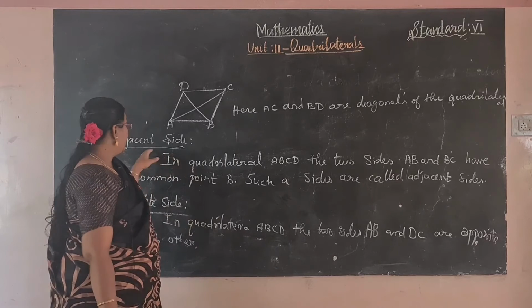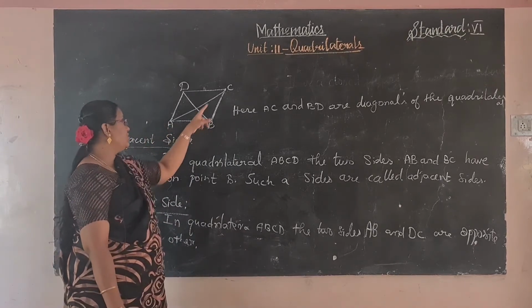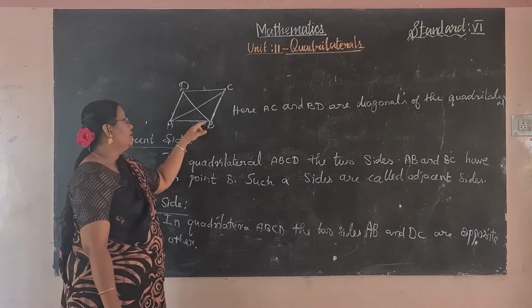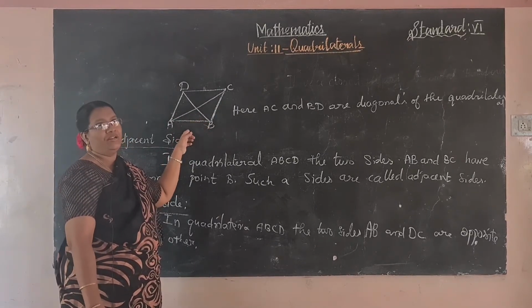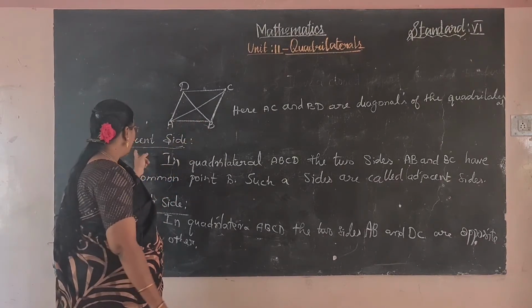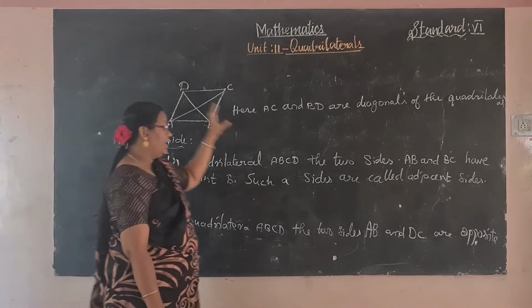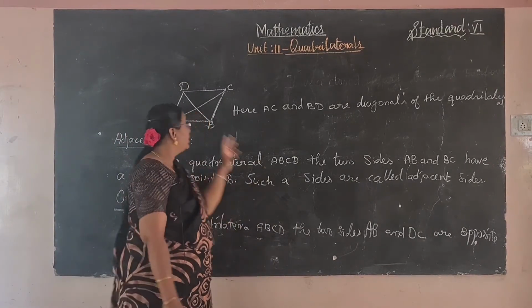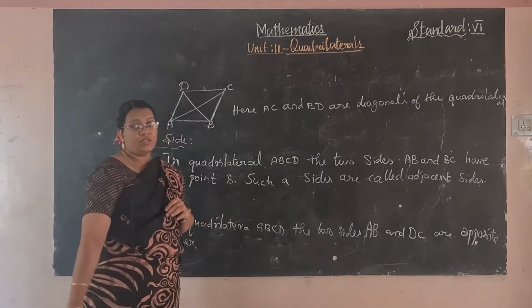Very clear this concept, adjacent side and opposite side? Adjacent side means two line segments ending at a common point. And opposite sides, in a quadrilateral, the two sides AB and DC are opposite to each other.